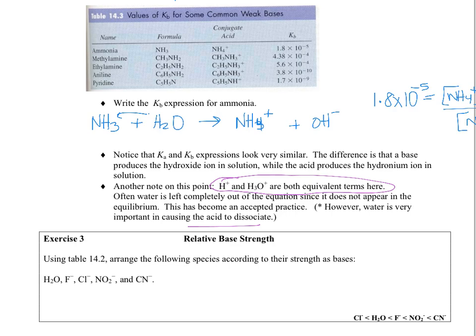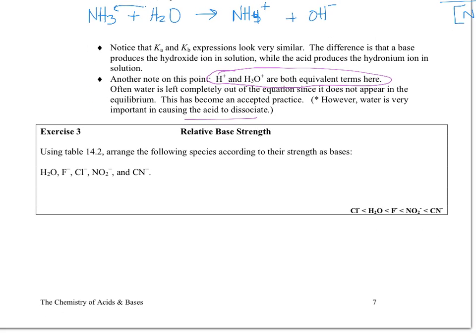All right, so what I want you to do is take a few minutes. I want you to use the table that we're provided. I want you to look up the Kas of each of these, with the exception of water because it's neutral. This one says to put them in order according to their strengths. So remember, that's the opposite.